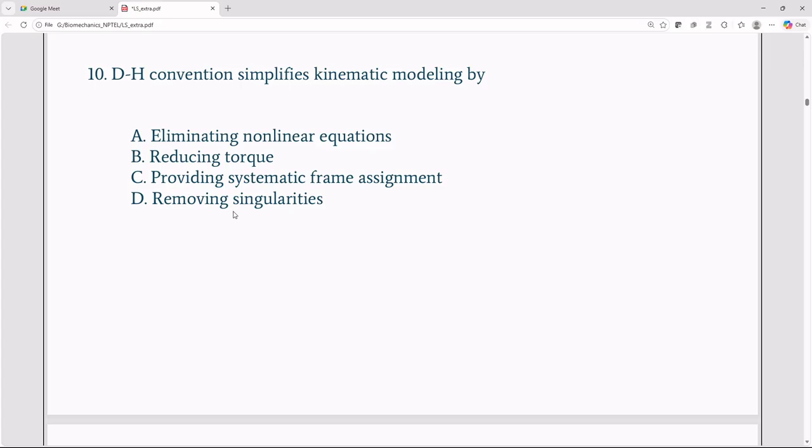The DH convention simplifies the kinematic modeling by doing which of the following? Option A, eliminating nonlinear equations. Option B, reducing the torque. Option C, providing the systematic frame assignment. Option D, removing the singularities.